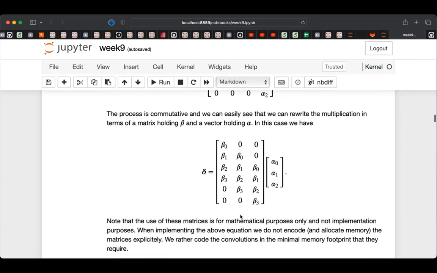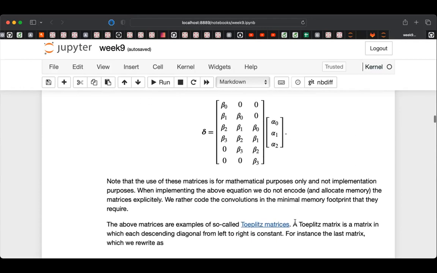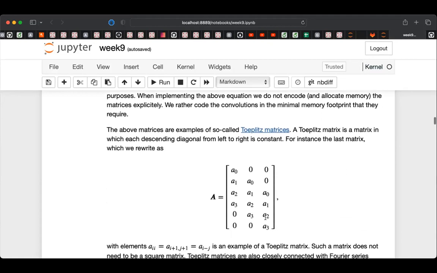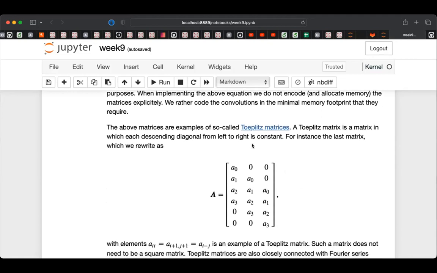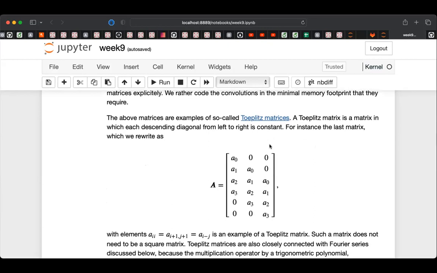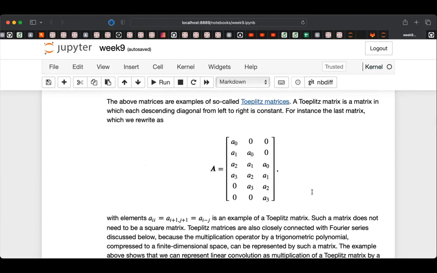Typically they would be defined in terms of what is normally called a Toeplitz matrix. That's a matrix in which each descending diagonal from left to right has constant elements. If we rewrite the last matrix, we could rewrite it more generically like this one. So Toeplitz matrices are very interesting.